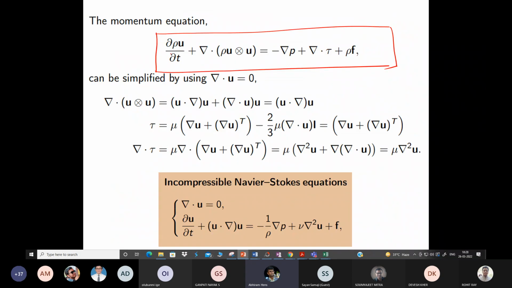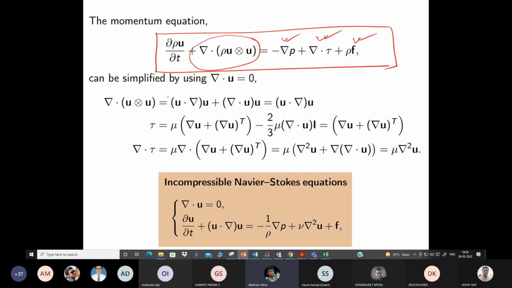The rho is kept inside because this is the general form, applicable for both incompressible and compressible flow. And this term is the convective term, which is associated with the bulk flow. Del dot rho u cross u, and then this is the pressure force, this is the viscous force, and this is the body force. So the sum of these forces equals mass into acceleration.